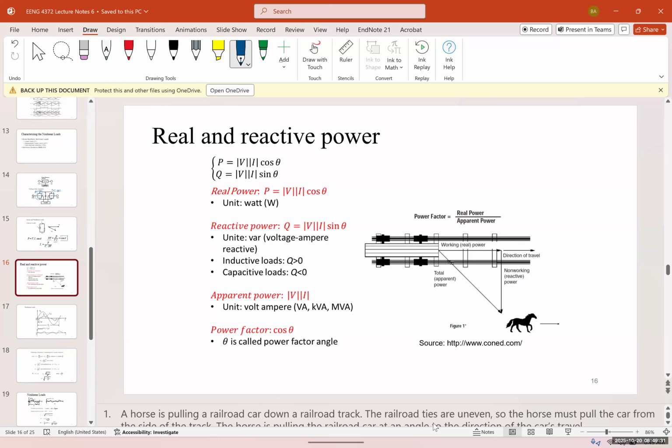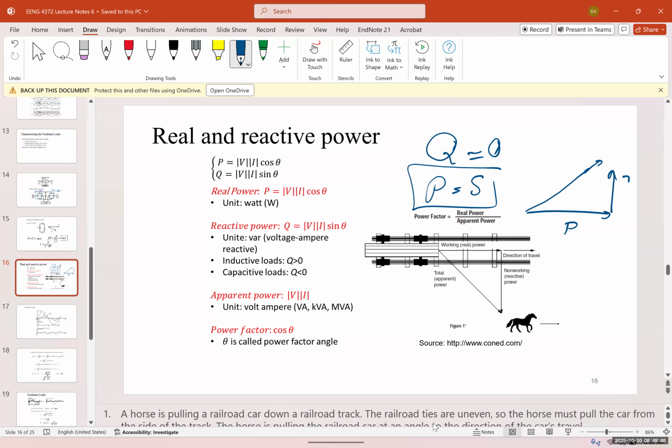We always want the reactive power, Q, to be close to 0, and we want the real power to be equal to the apparent power. And if you remember again, this was our real power, this is reactive power, and this is apparent power, S.